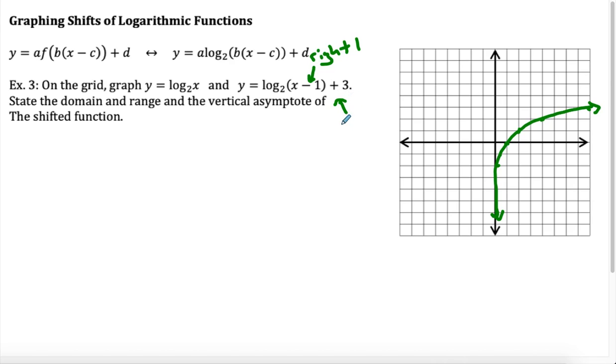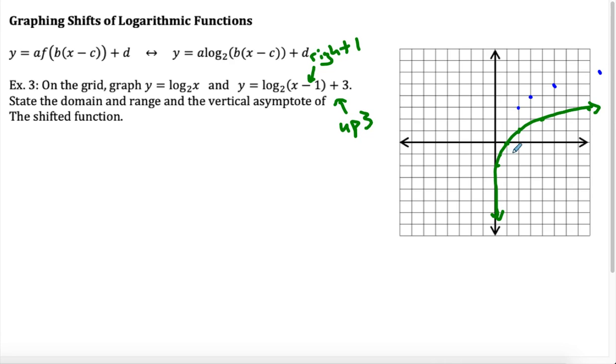Then this would be a shift up 3. So I'm just going to take each of these coordinate points and go right 1, up 3, right 1, up 3, right 1, up 3, right 1, up 3.